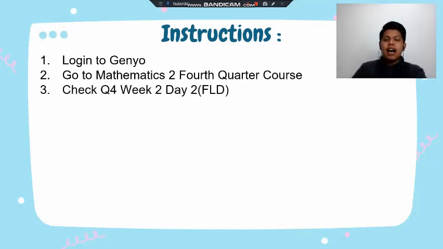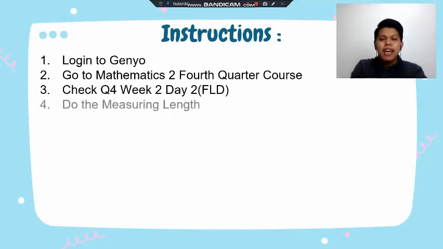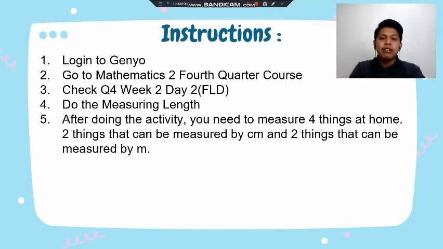Once you have clicked the fourth quarter course, check the Q4 Week 2 Day 2 FLD and do the measuring length. After doing the measuring length, you need to measure four things at home. But wait, you're not just going to measure, you need to measure two things that we will use centimeters for.